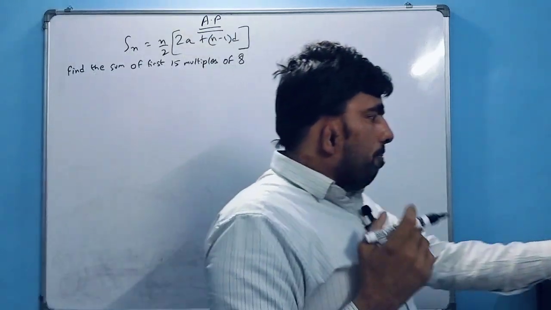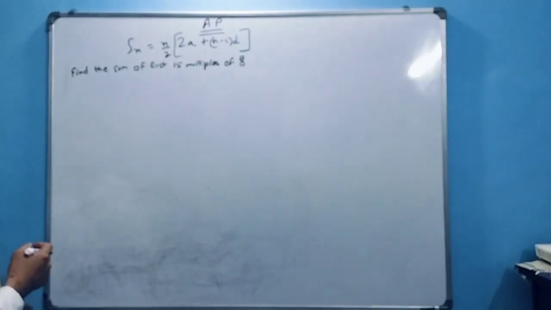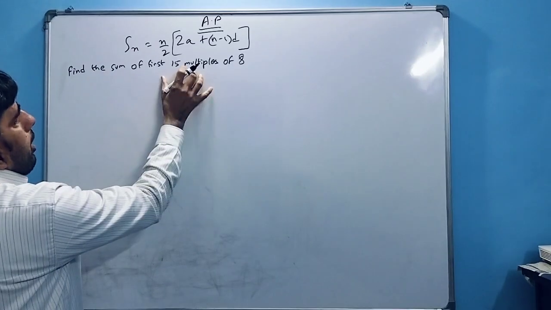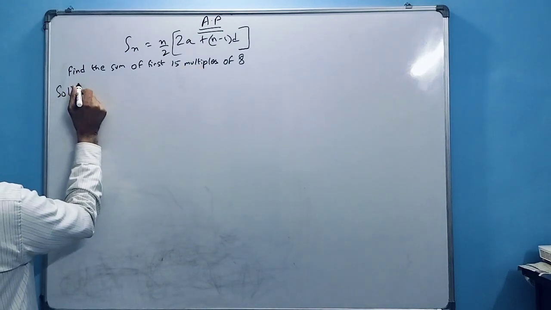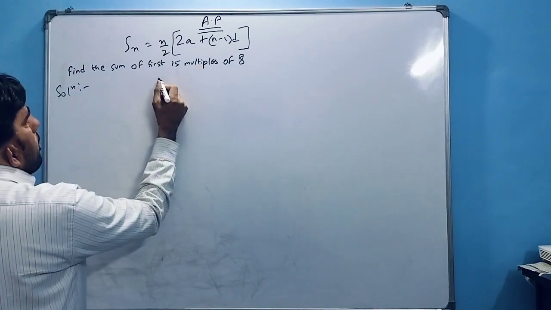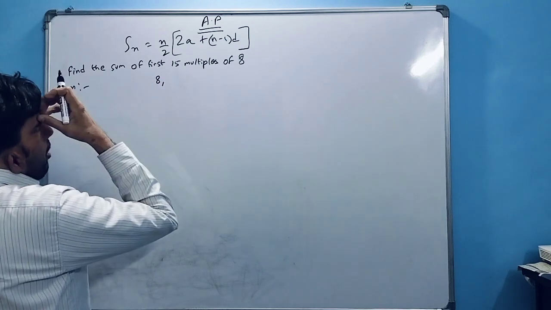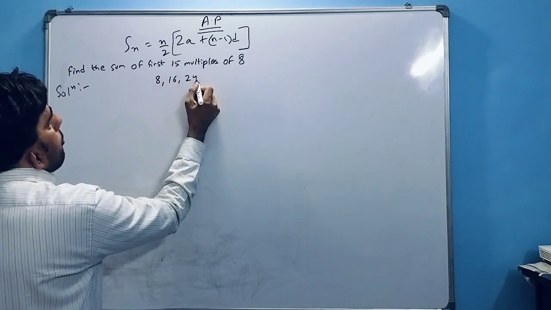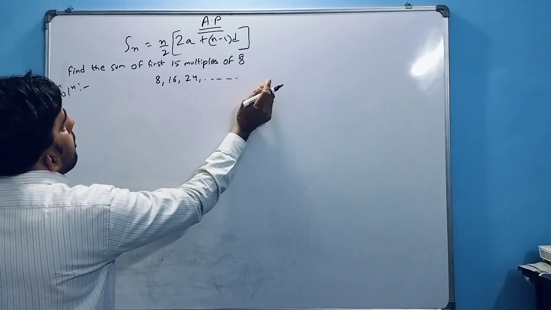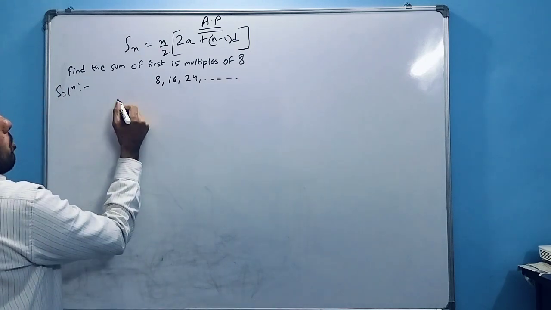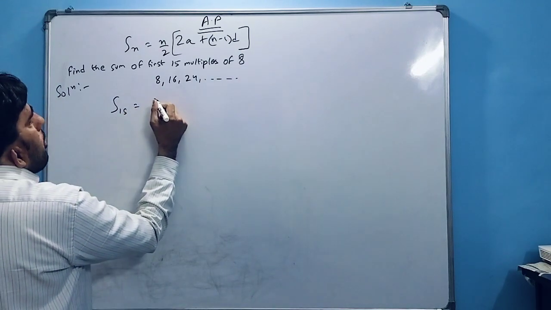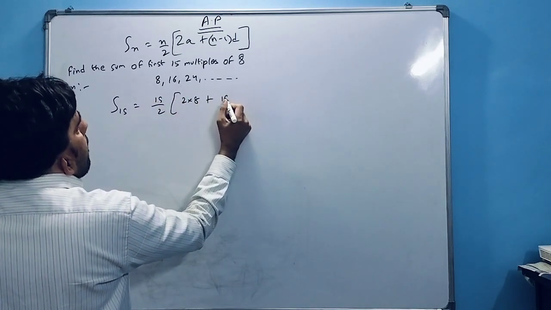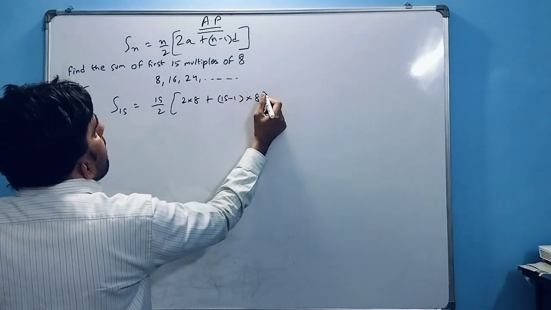Okay, so if I try to find 15 multiples of 8, we can say that we have the solution now. 15 multiples of 8, that is 8 we have, then we have 16, 24, like this we can find the first 15 multiples. So to find this we have 15 upon 2 into 2 into 8 plus 15 minus 1 into d we have 8.